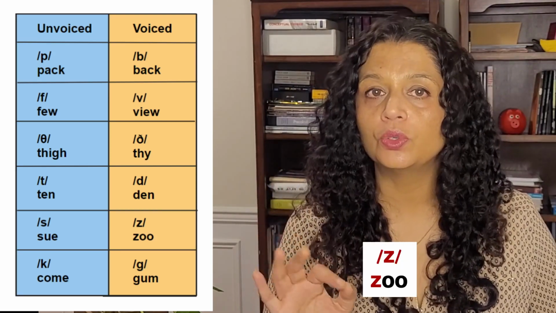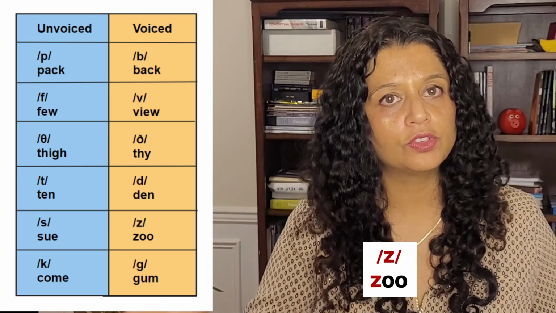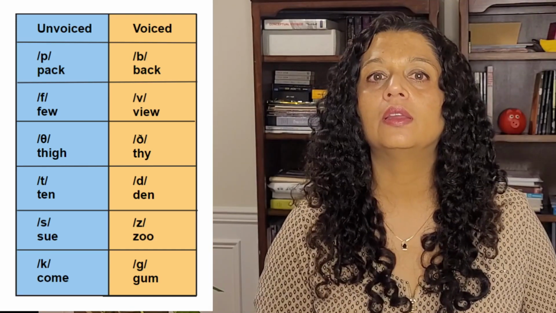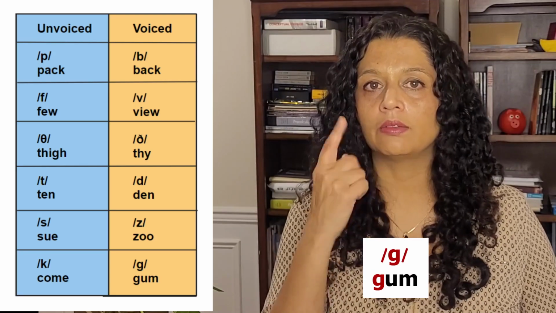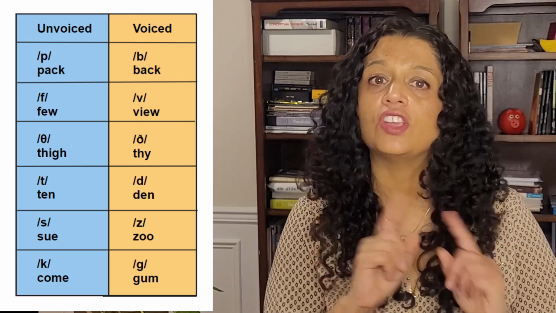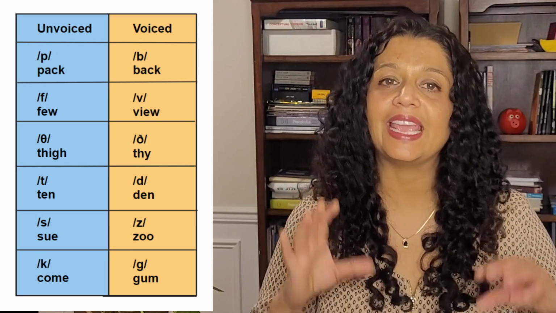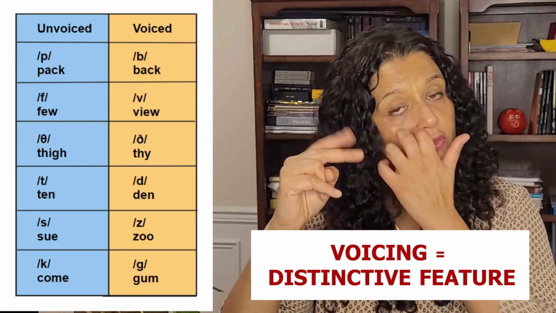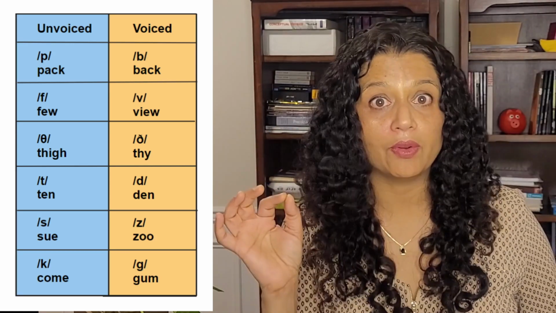Z, zoo, voiced, where you go to see animals. K, come. G, gum, like bubble gum. Okay, so as you will notice, you change the sound, you change the word. So voicing is a distinctive feature in English. So make sure you don't turn your voice on and off without thinking about it. Okay, so that's our first feature, voicing.